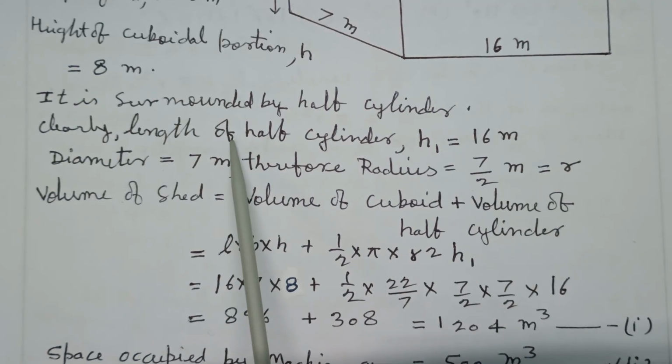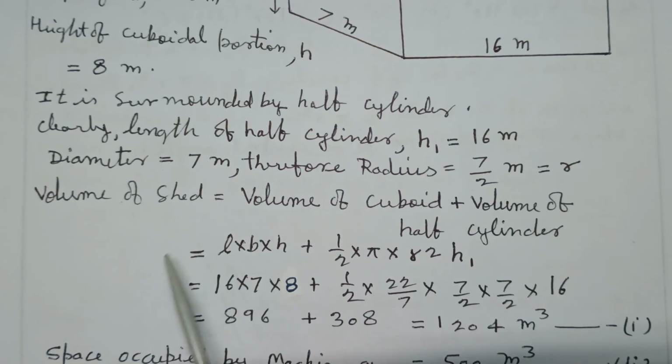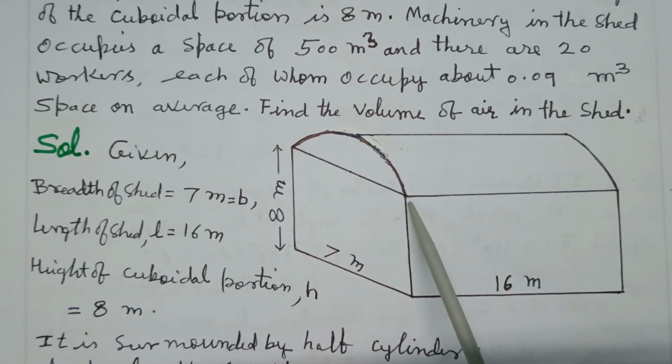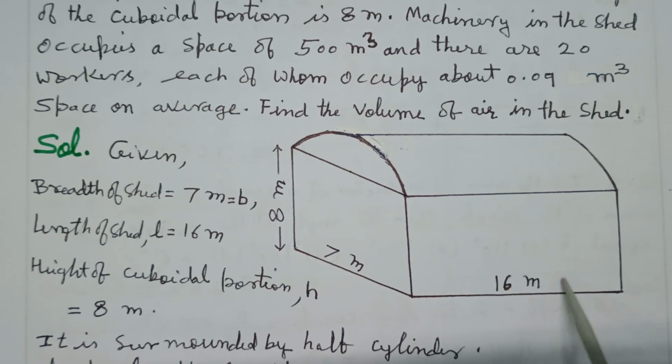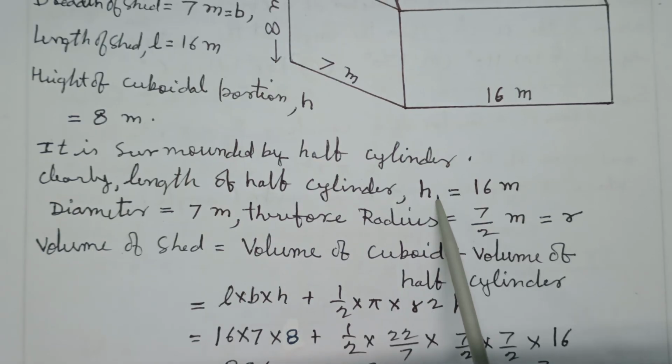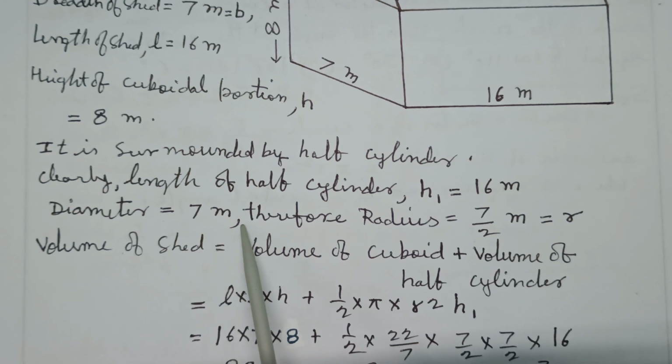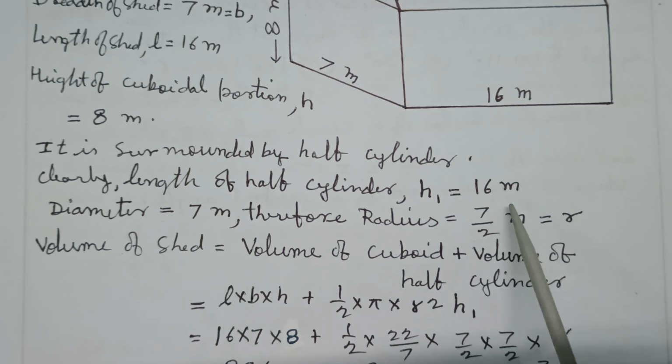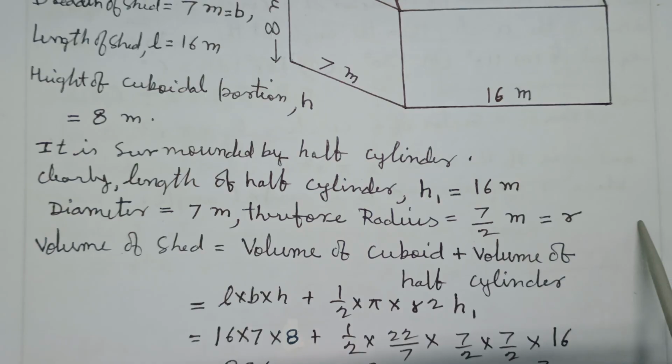Clearly, you can see here, length of this half cylinder is equal to 16 meter and the diameter of this half cylinder is equal to 7 meter. So clearly length of half cylinder H1 is equal to 16 meter, diameter is equal to 7 meter, therefore radius is equal to 7 by 2 meter, say R.